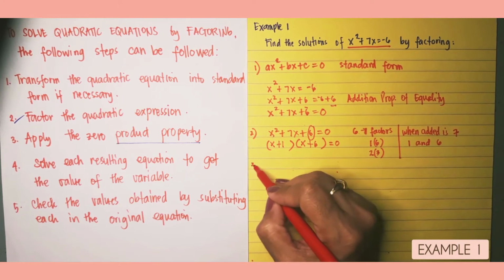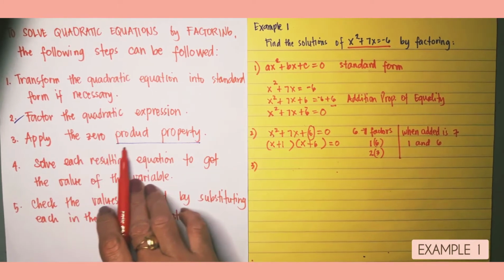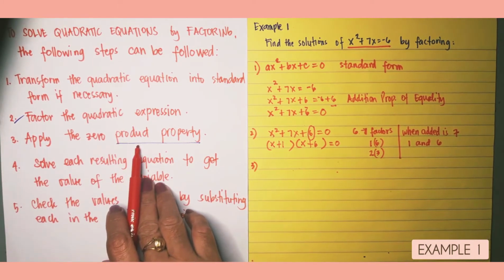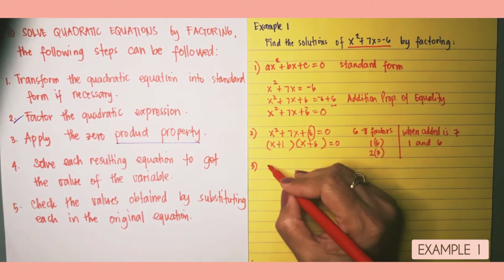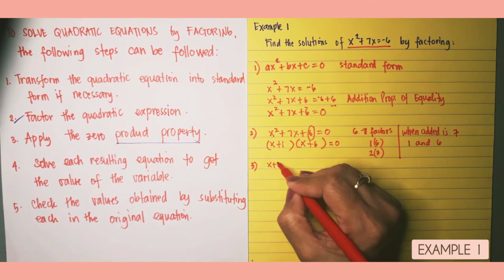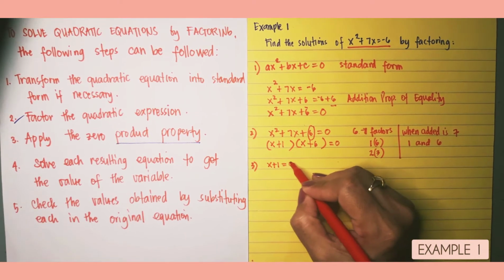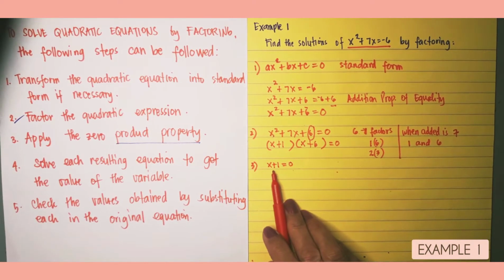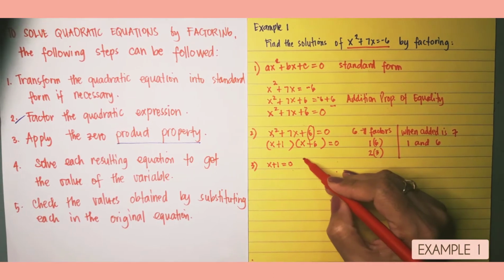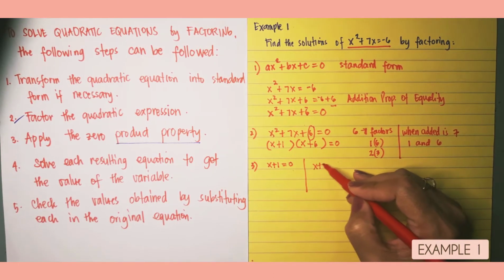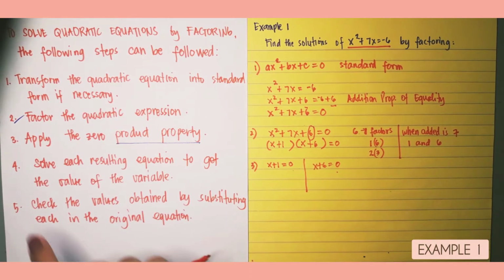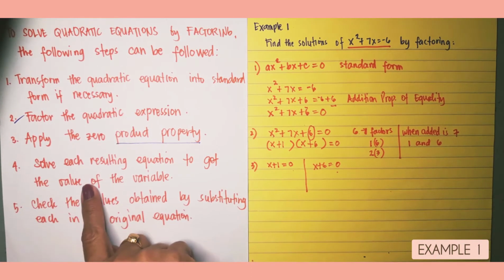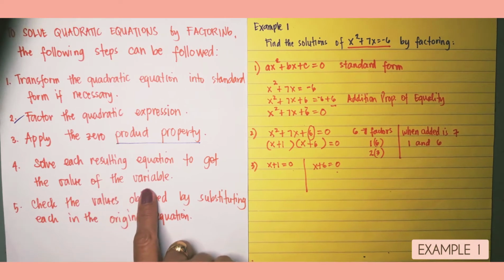Step number 3. Apply the zero product property. So we have to equate each of these factors to 0. So you have x plus 1 equals 0 and x plus 6 equals 0. Step number 4, solve each resulting equation to get the value of the variable.